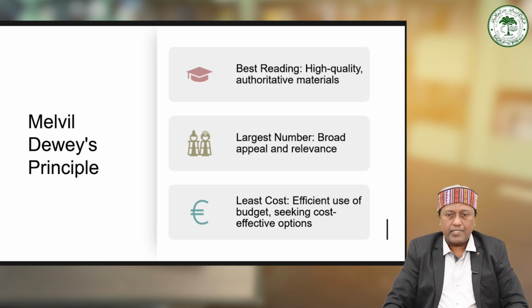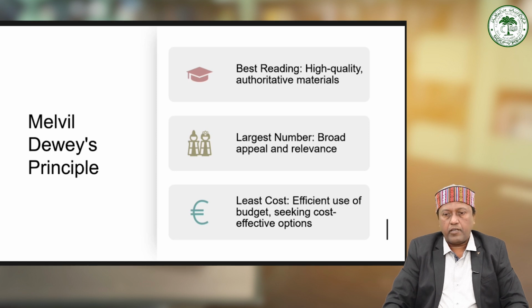Then the last element is least cost, which means that while striving to provide valuable resources to as many users as possible, libraries must also operate within budgetary constraints. Dewey's principle encourages libraries to prioritize cost-effective acquisitions that maximize the impact of available funds.